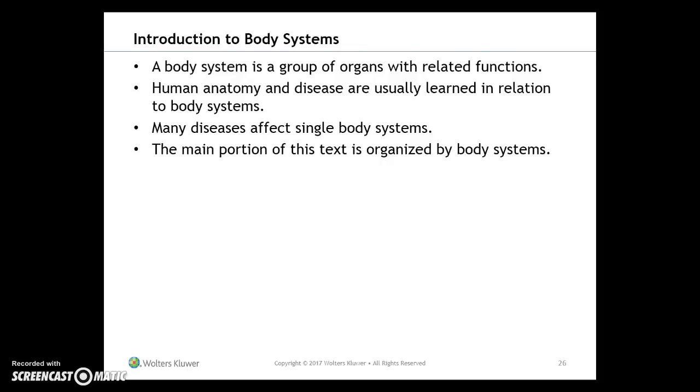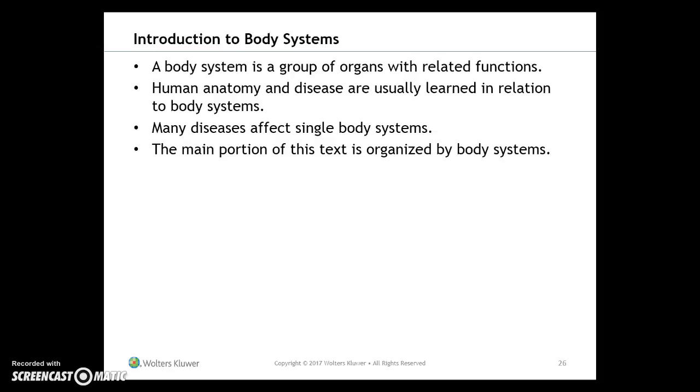The rest of the chapters in this text are going to be an introduction to body systems. A body system is a group of organs with related functions, and can be called an organ system. For example, the respiratory system includes the lungs and all the air passages from the nose and the mouth to the lungs. The primary function of the respiratory system is the exchange of gases.